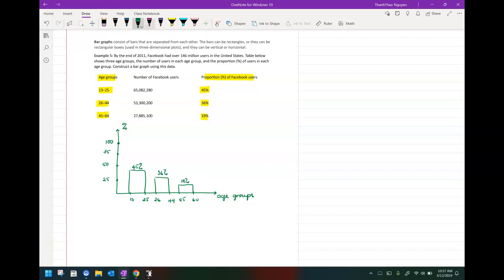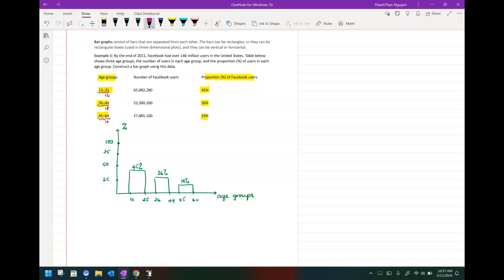Note that the widths of these age groups are not the same. The width of this age group is 12. This age group here is, what is 44 minus 26? 18. 64 minus 45 is 19.